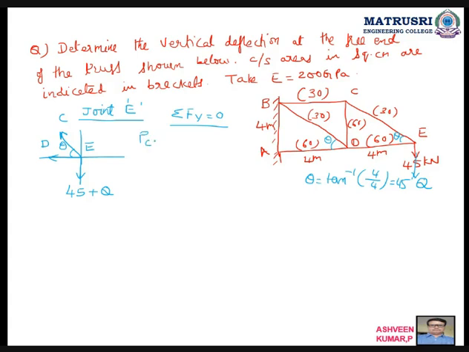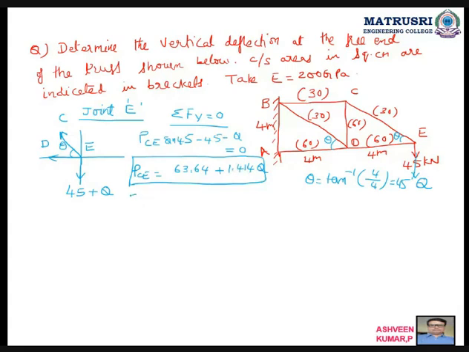So PCE sin 45, then minus 45 downward, and Q also downward, so minus Q. PCE is equal to 45 by sin 45, which is 63.64, plus Q by sin 45, which is 1.414 Q. I will put this in a box so that we can see it easily later.